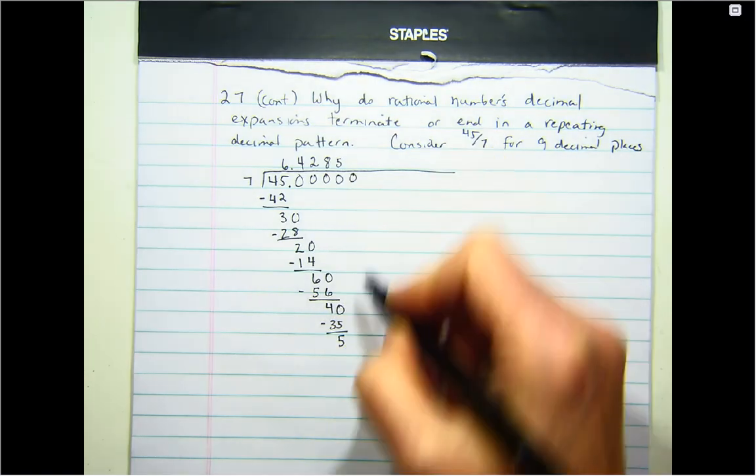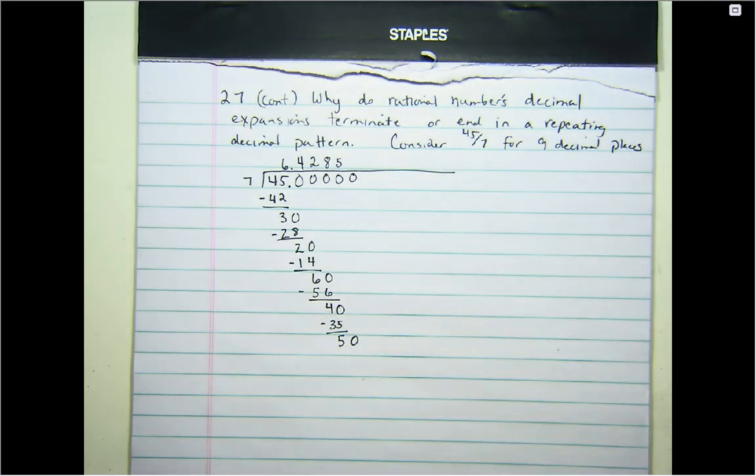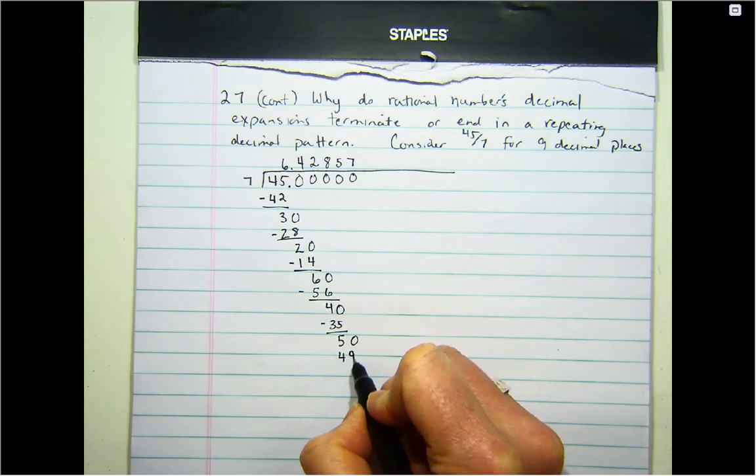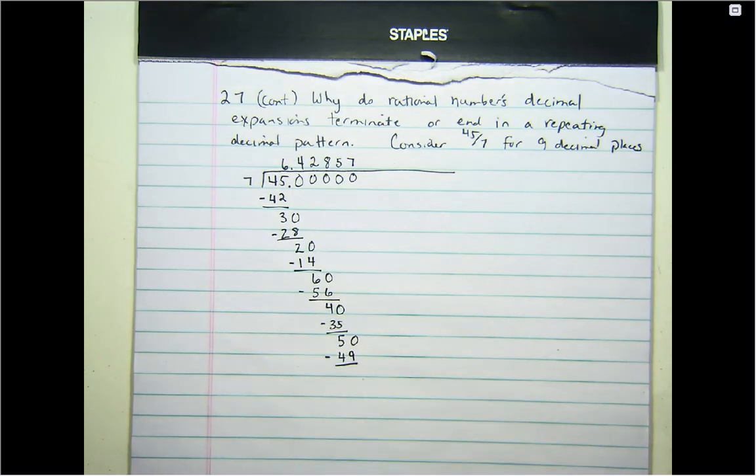So we bring down another 0. 7 goes into 50 7 times. 7 times 7 is 49. We subtract. Aren't you glad they invented calculators? Yeah. 50 minus 49 is 1. We bring down the 0.